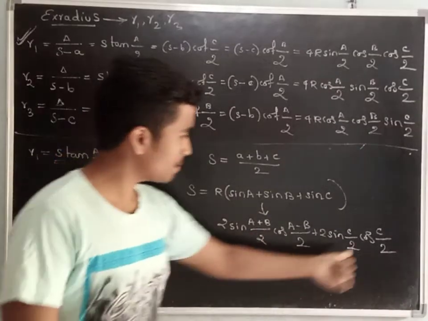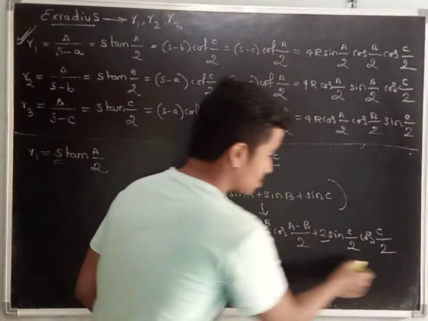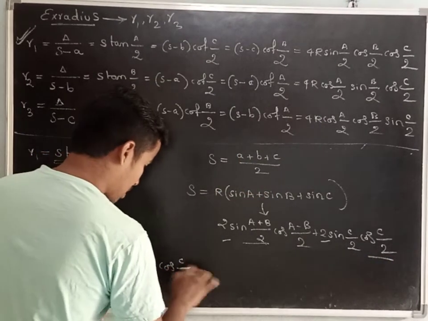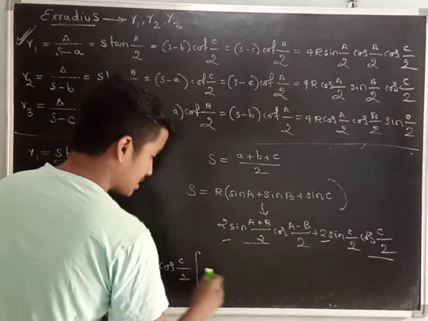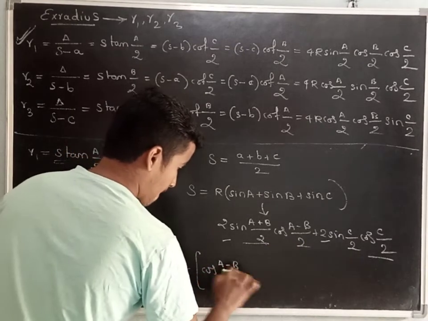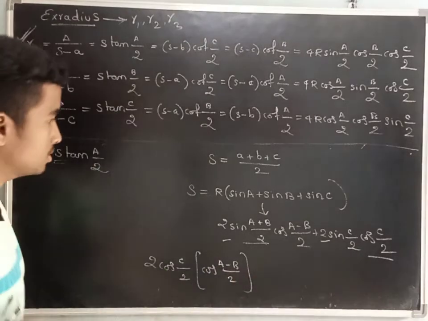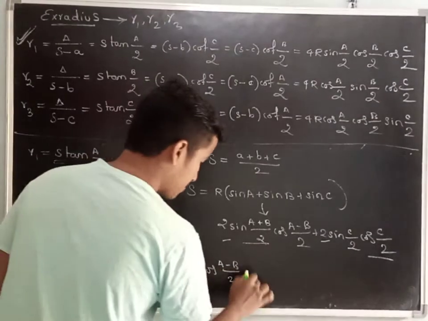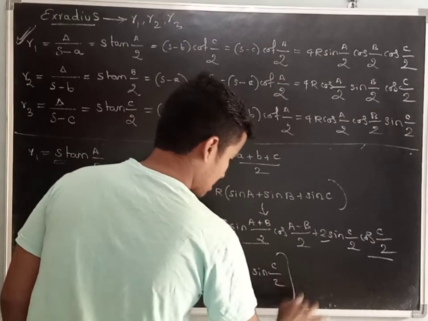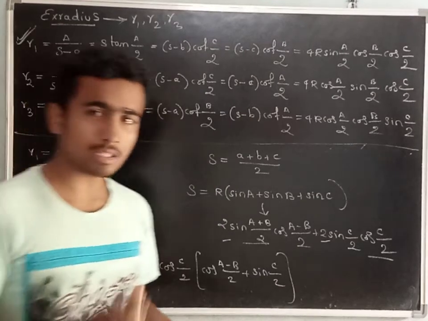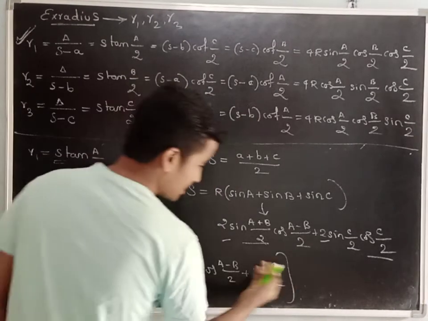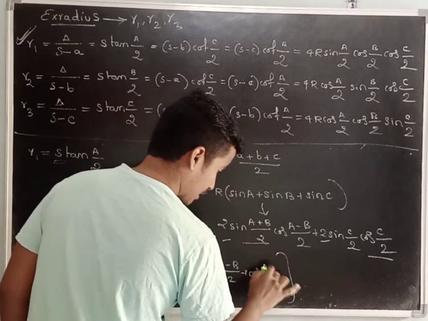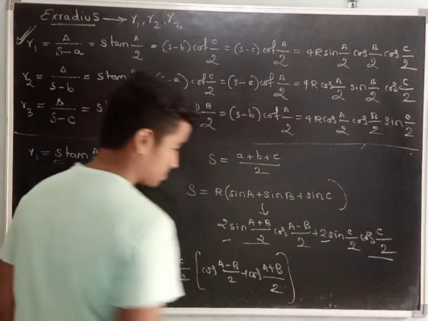Sin (a plus b)/2 can be written as cos c/2, right? So let me take 2 cos c/2 as common, since this and this have it in common: 2 cos c/2 into cos (a minus b)/2 plus sin c/2. Sin c/2 can be written as cos (a plus b)/2.